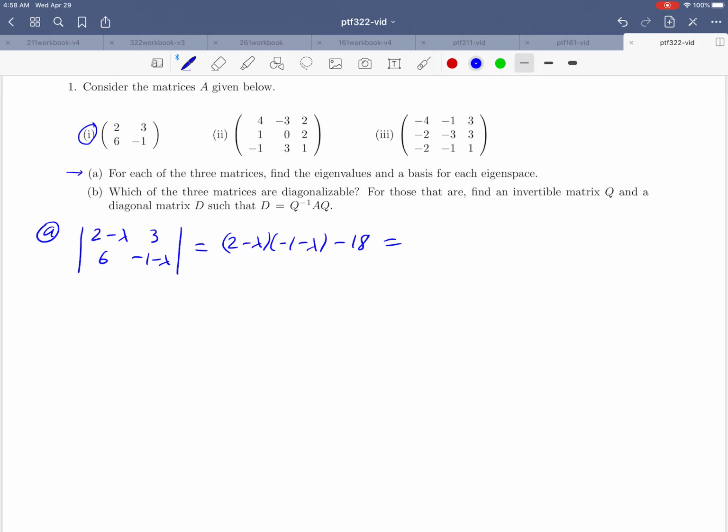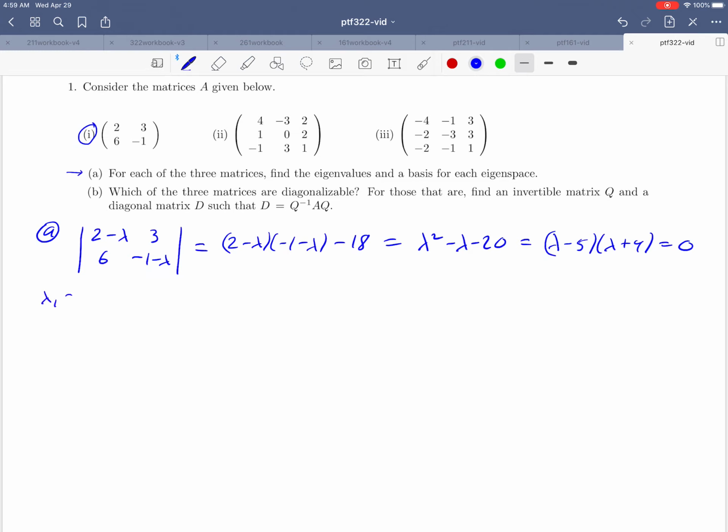Do a little multiplying out here, and I'm going to skip a few steps and trust that you could do the algebra here. This simplifies down to lambda squared minus lambda minus 20, which then factors. If we set that to 0, we can see that we're going to get two eigenvalues. It looks like 5 and negative 4 are the eigenvalues.